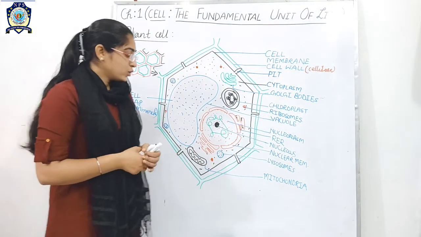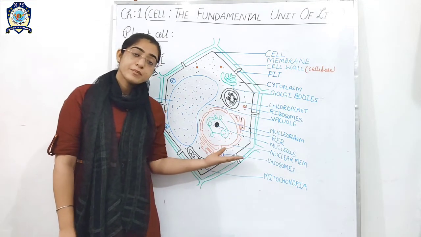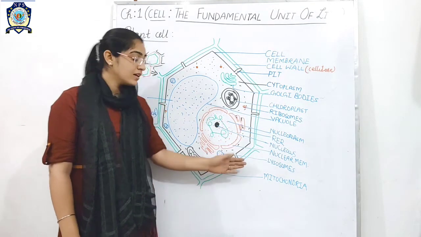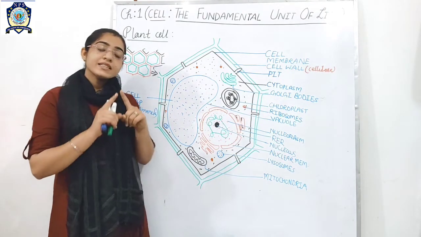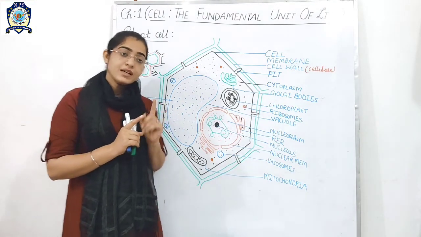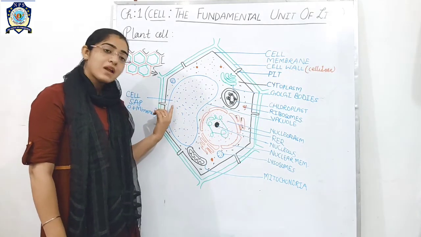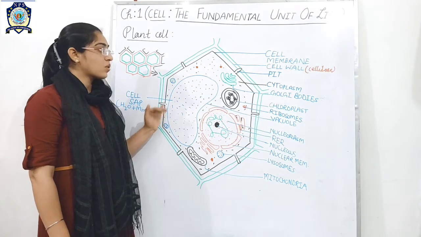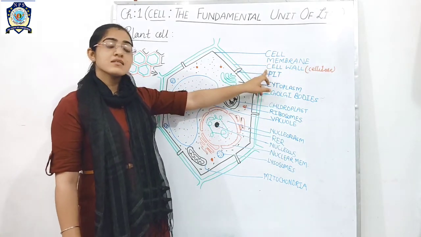So let me explain you once again that this is the typical structure of a eukaryotic plant cell. In the plant cell, there is a covering outer to the plasma membrane, the cell membrane, and outer to the cell membrane is the cell wall.